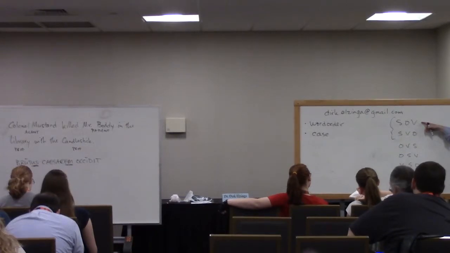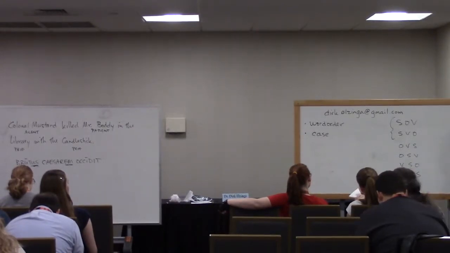So this would be a language like Japanese, Turkish, Ute, and Shoshone. These are SOV languages where the verb comes at the very end.